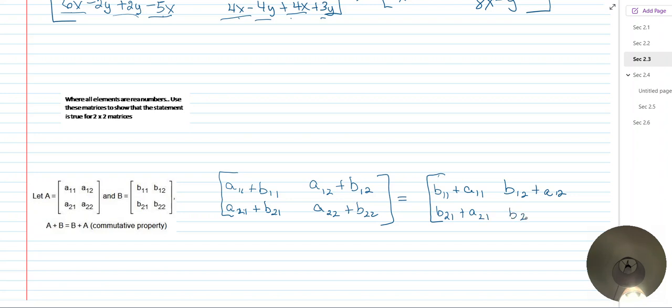And B, 2, 2, plus A, 2, 2. And you can see it is commutative, the same answer. So it is true for the commutative property.